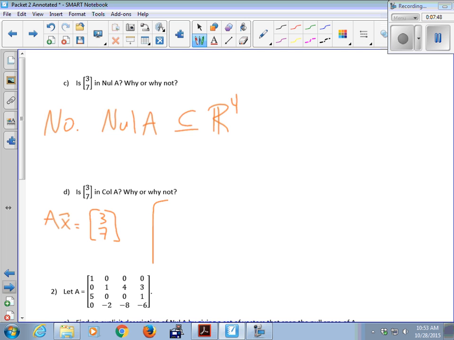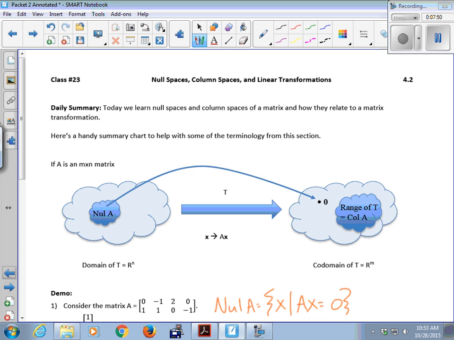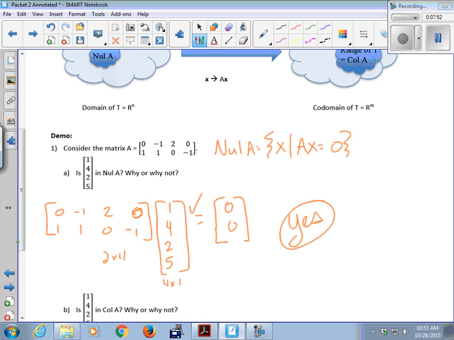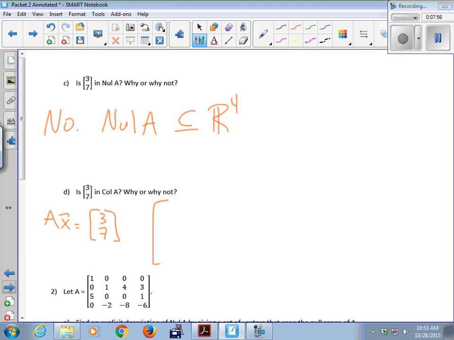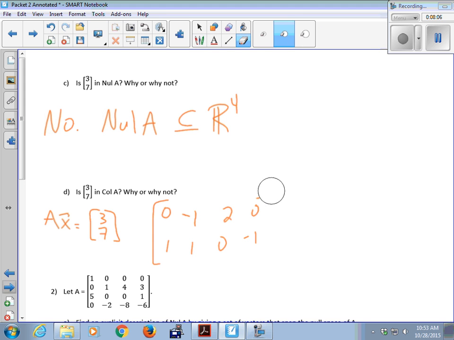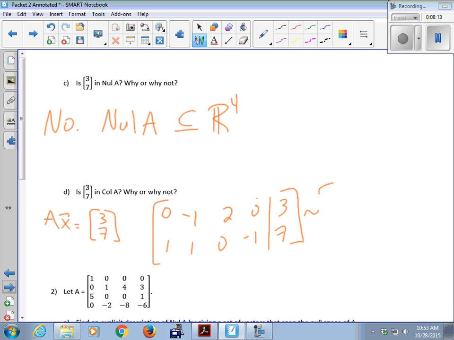Augment the matrix. So my matrix was, I don't remember, 0, 1, negative 1, 1. Somebody read the last 2 columns to me. Thank you. Right, and then augment it with a 3, 7. Row reduce.